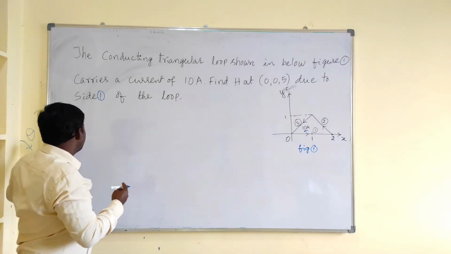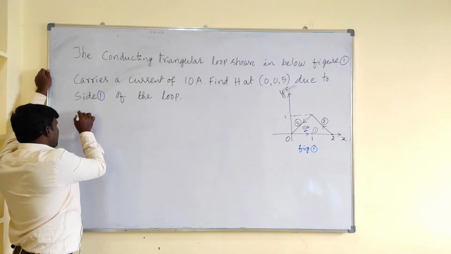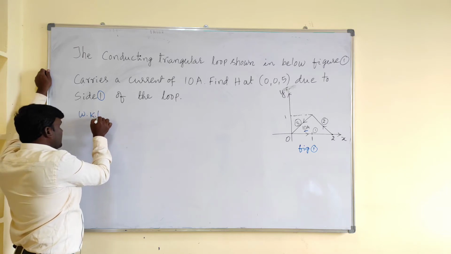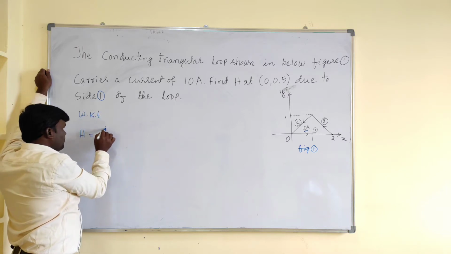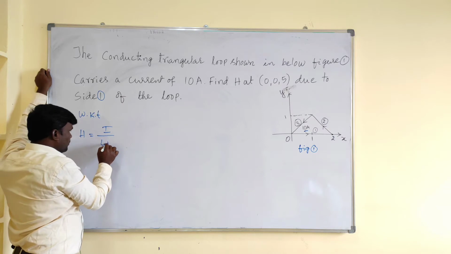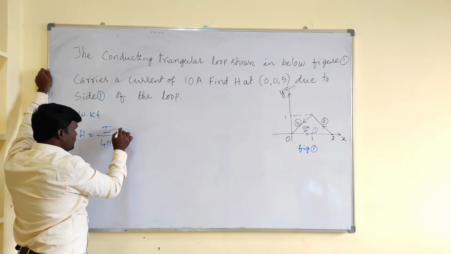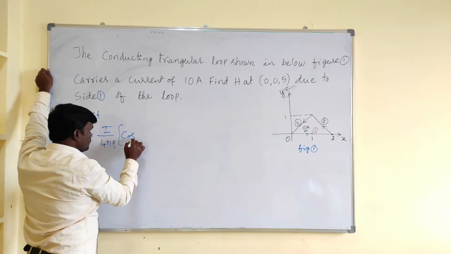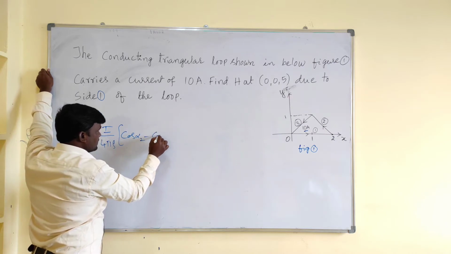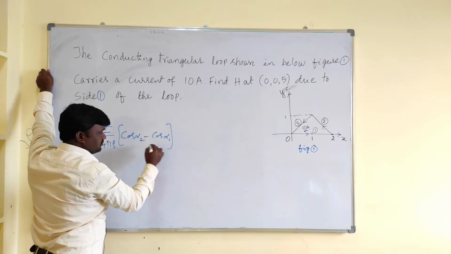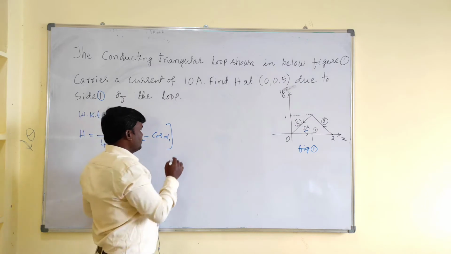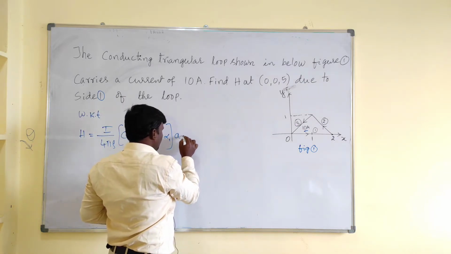We know that H is equal to I by 4 pi rho into (cos alpha 2 minus cos alpha 1) into a phi.